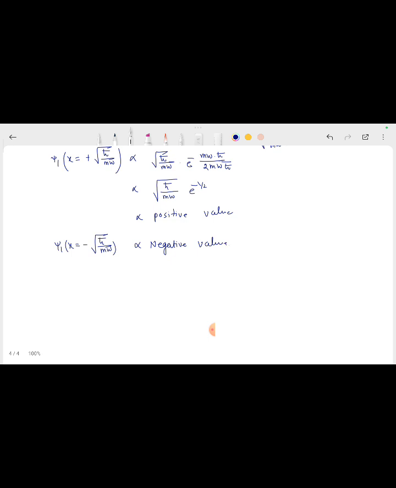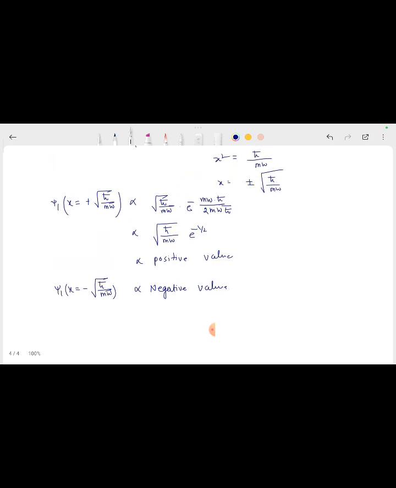So at x equals 0, x equals plus infinity and x equals minus infinity, we get the 0 value. At x equals plus root under h cut upon m omega, we get the positive maximum value, and at x equals minus root under h cut upon m omega, we get the negative maximum value. Okay, very good.